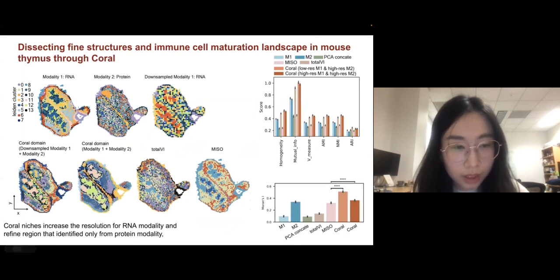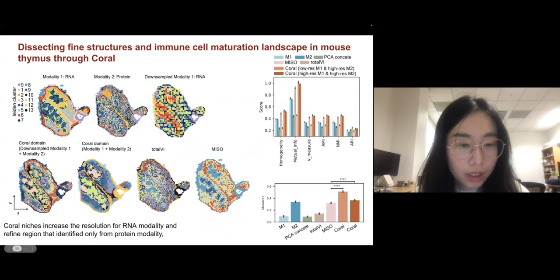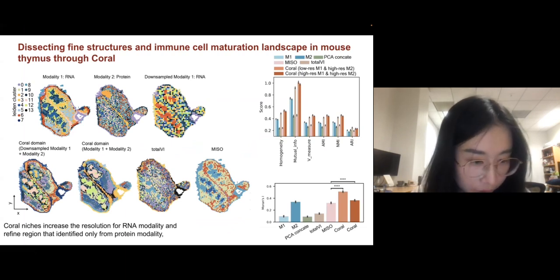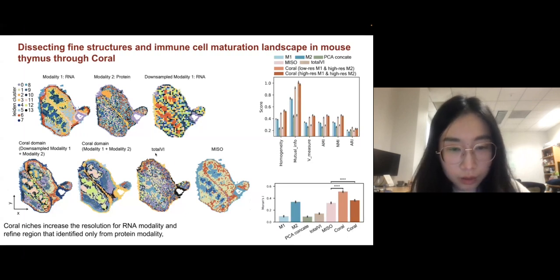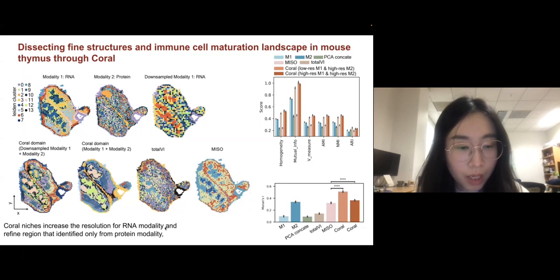If you compare the results on the CORAL, we actually see they are very similar, and they also indicate very nice patterns or structures, indicating even finer structure between the medulla and the outer region. If you look at the total VI and MEFISTO, they are probably not that satisfactory, and we show higher scores compared with these methods, as well as the other ones that indicate more spatial colocalization.